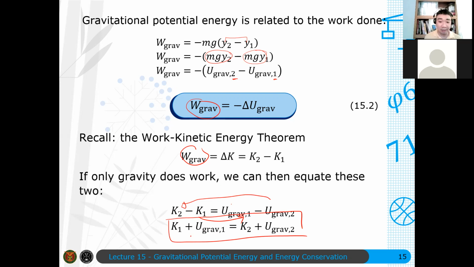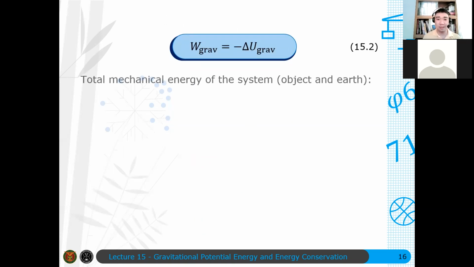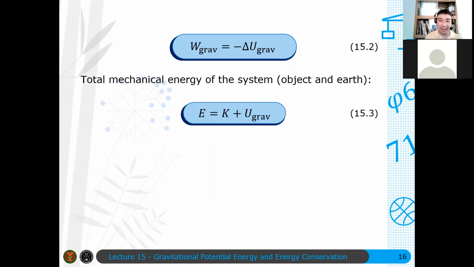Then I can define this sum as your total mechanical energy. Some books will write it as ME, some books as E mechanical. Maybe tomorrow in my discussion on elastic potential energy, I will add the subscript mechanical. But for the meantime, since we're only discussing mechanical energy, the total mechanical energy E is just the sum of the kinetic energy and the gravitational potential energy, E equals K plus U gravitational.